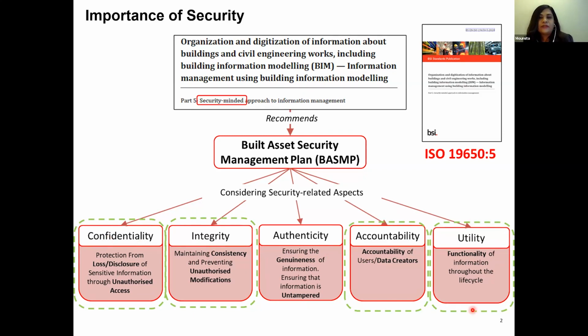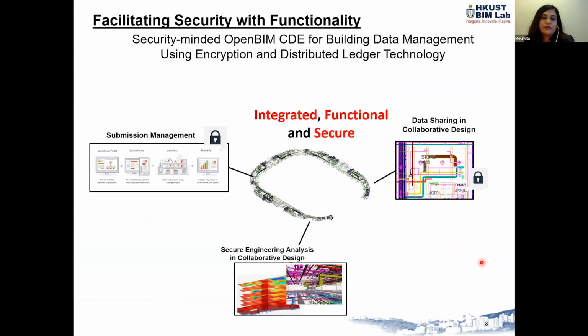But what I would like to emphasize is the utility of data. It is clearly stated that no matter what kind of technology we use to protect our data, at the same time we should be careful about preserving the utility or the functionality of data throughout its life cycle. So in this presentation, I will mainly be discussing security in two areas.